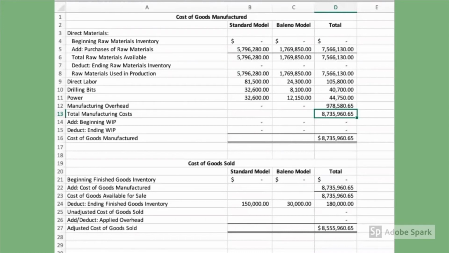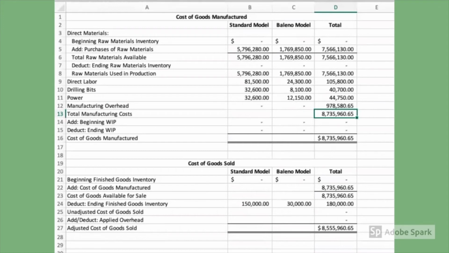So now we move down to the cost of goods sold statement. As previously stated, you need to use cost of goods manufactured in cost of goods sold. So we start with our beginning inventory, which we had none, and then you add the cost of goods manufactured. So that's that $8,700,000 number. You then must deduct any of the finished goods that you didn't sell during the period.